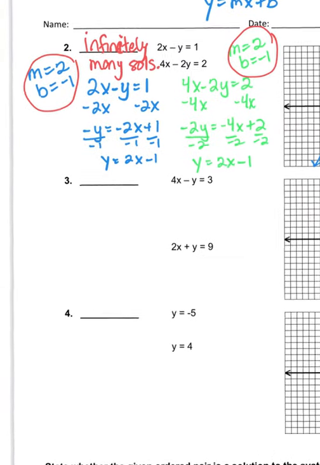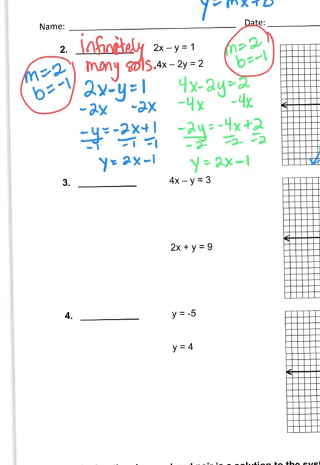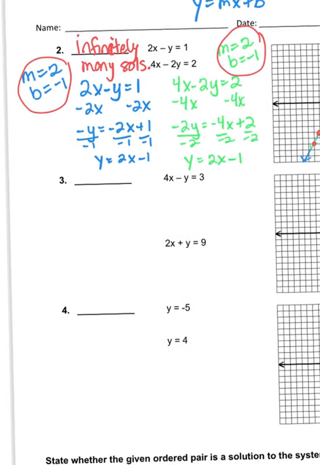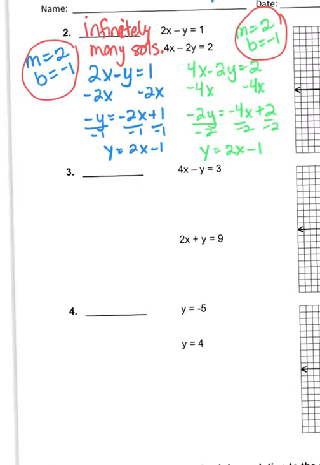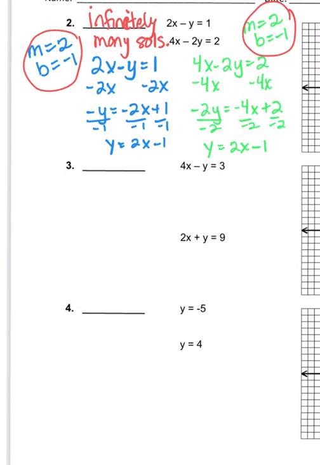We need to do the same thing, graph the two lines. Again, before you graph your lines, you need to make sure you are in y = mx + b form. So for this first one, I'm going to subtract 4x from both sides.